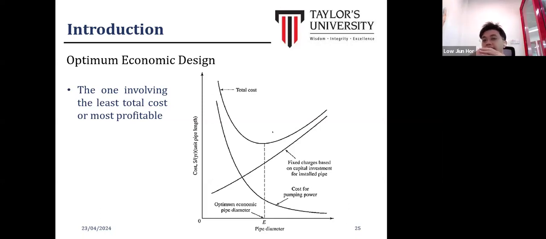Then of course, the higher the cost you need to pay. So the selection of a smaller pipe diameter will significantly increase the cost for pumping power. This is how economic consideration is important in order to reduce the cost and maximize the profits that we are going to generate.